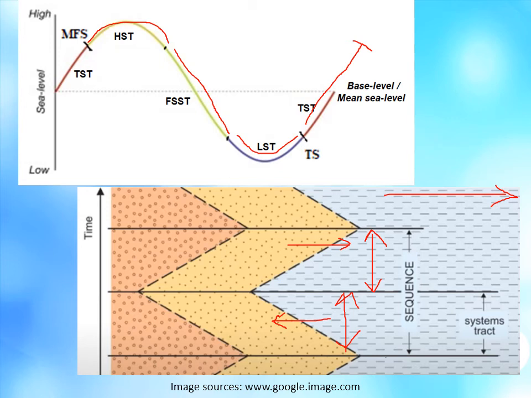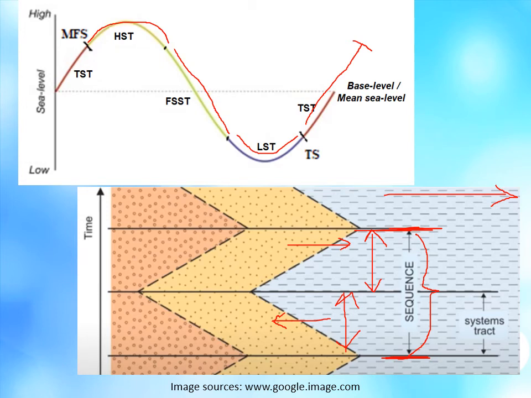So this is the end of one falling stage system tract, and previously this one was the end of another falling stage system tract. So this entire deposition is known as one sequence of deposition.